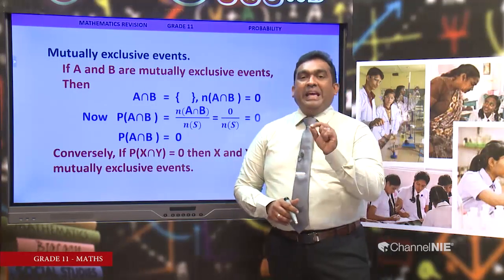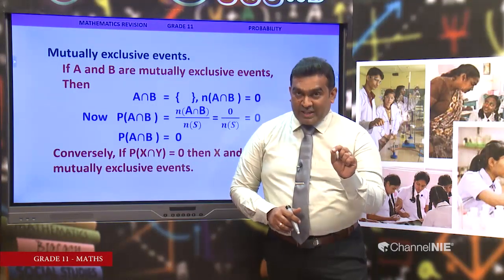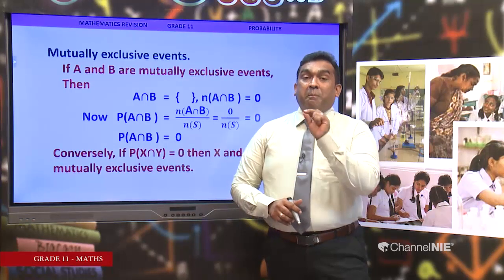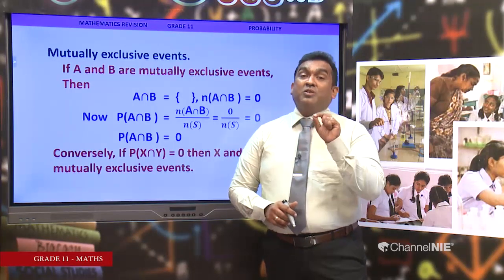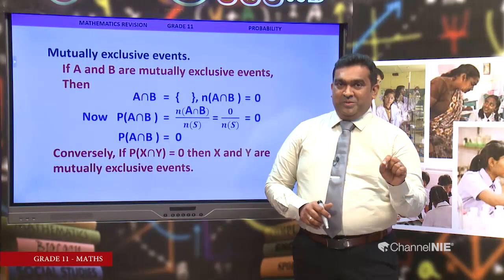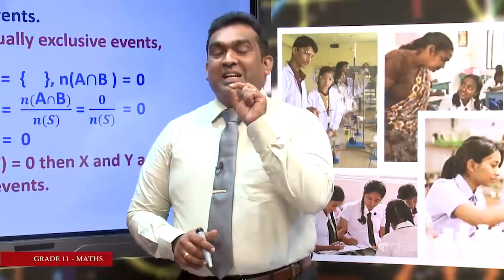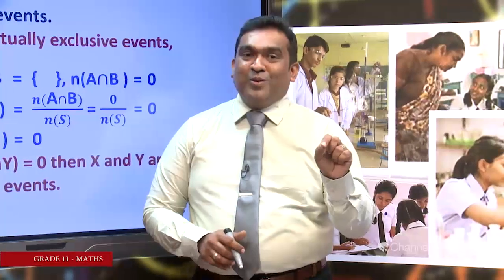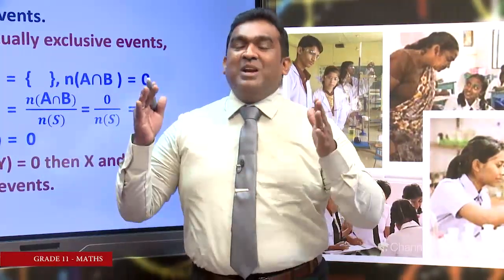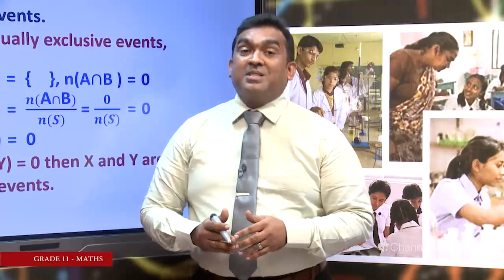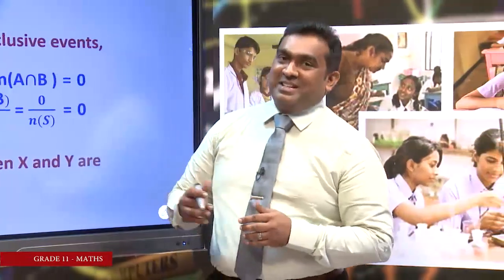If capital A and B are mutually exclusive, then P(x intersection y) goes to 0. Conversely, if P(x intersection y) is equal to 0, you know that x and y are mutually exclusive events.